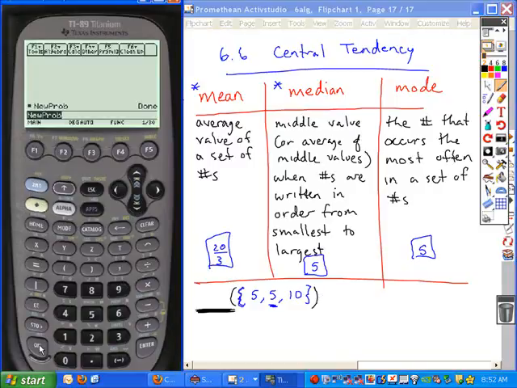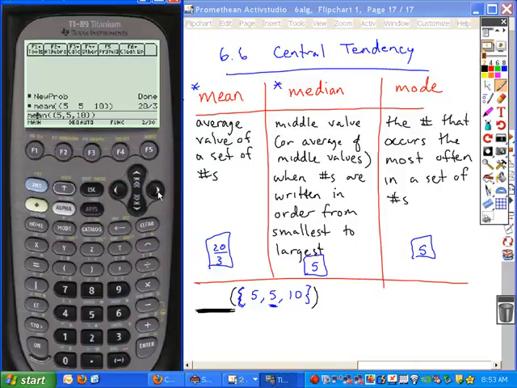So if you wanted to find the mean of this, you could just type in your calculator, MEAN, parentheses, and then use that kind of squiggly bracket symbol, and then list your numbers, 5, 5, 10, separate each one by a comma, close off your number set, and then close off the parentheses. And when you do that, you get your mean.